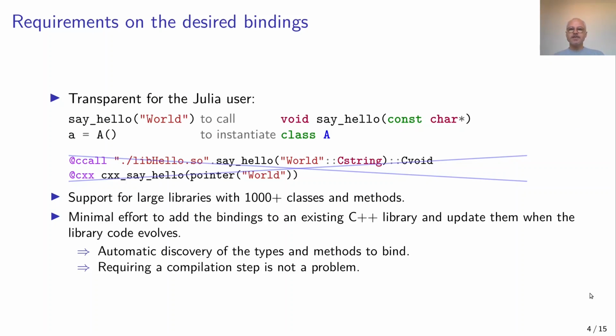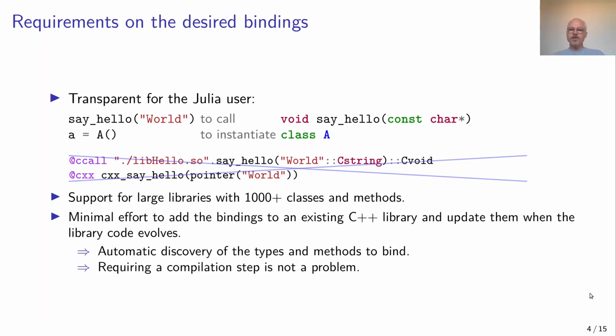First, the bindings need to be transparent to the Julia user in the sense that calling a C++ method or C++ function should be similar to calling a Julia method. Also, instantiating a C++ class should be similar to instantiating a Julia struct, and this is illustrated in the example given on the slide.